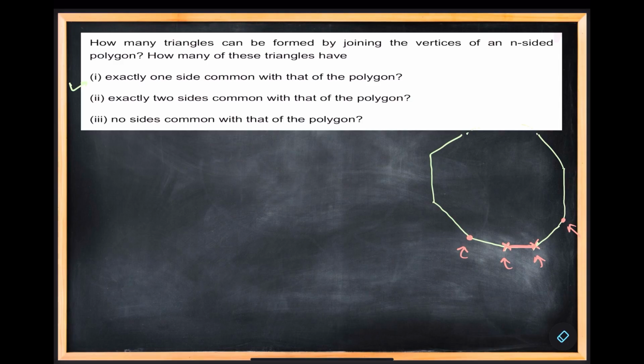Now I want to select this point. Will you allow me to do so? Yes, you will, because we will have a triangle, na, and we will have only one side in common. So it is okay. This means that corresponding to this side, you have restricted me from taking this point, this point, this point, and this point.